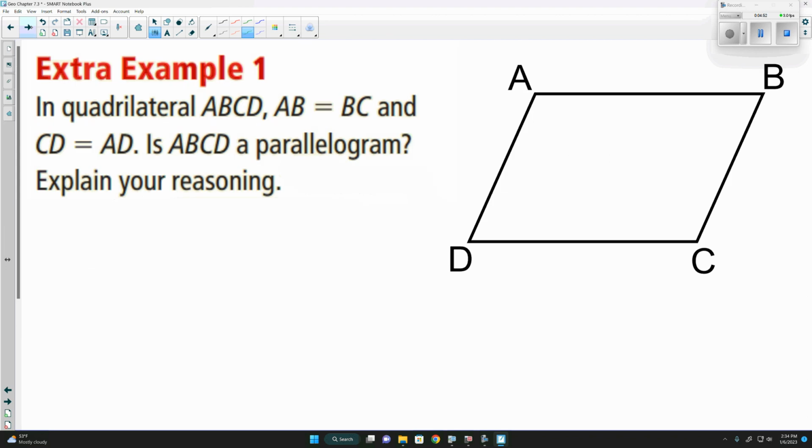In quadrilateral ABCD, AB is equal to BC, okay? AB equal to BC. They are congruent. And CD is equal to AD. Is ABCD a parallelogram?